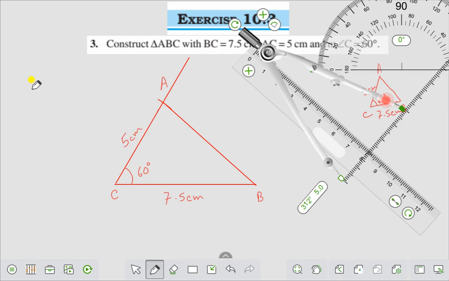Therefore, here we will write that BC is equal to 7.5 centimeter, AC is equal to 5 centimeter, and the measure of angle ACB, angle C, is 60 degrees. This is the required triangle.